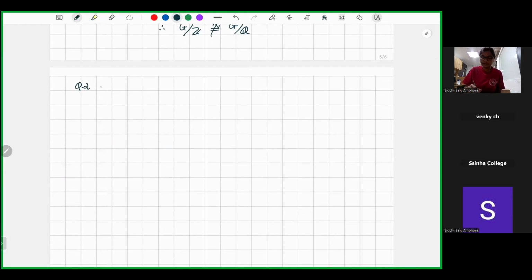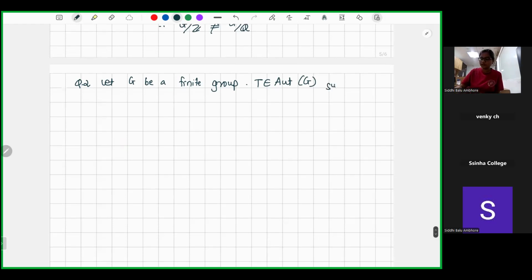It says: let G be a finite group and T belongs to Aut G. So Aut G means the set of automorphisms, that is, bijective group homomorphisms from G to G, such that Tx is x for x in G if and only if x is equal to e.